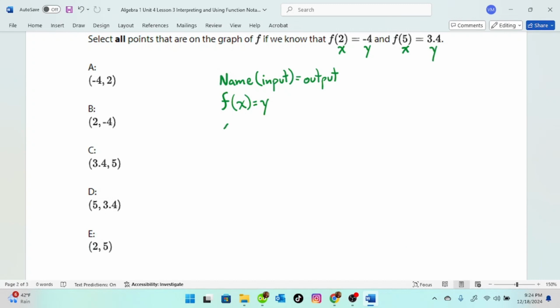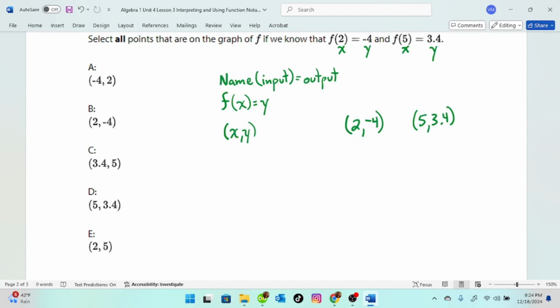Anytime we write a point pair, it's in alphabetical order: x, y. So, I know that one of my points is going to be 2, comma, negative 4, and I know the other one is going to be 5, comma, 3.4.